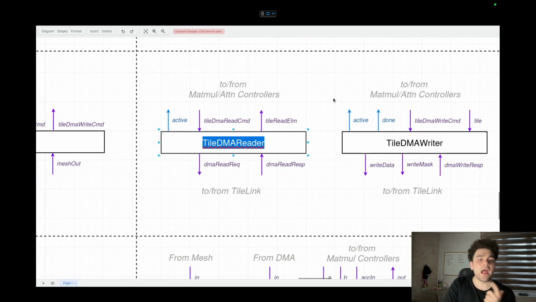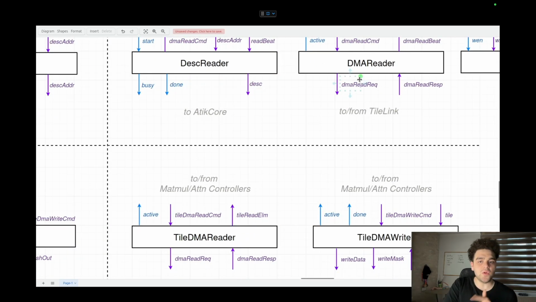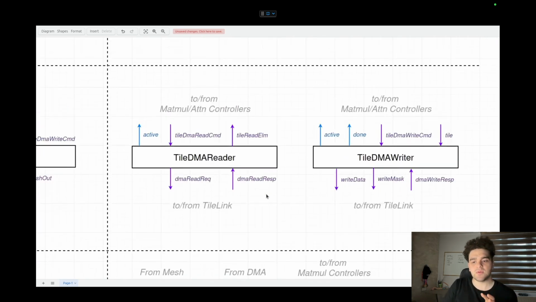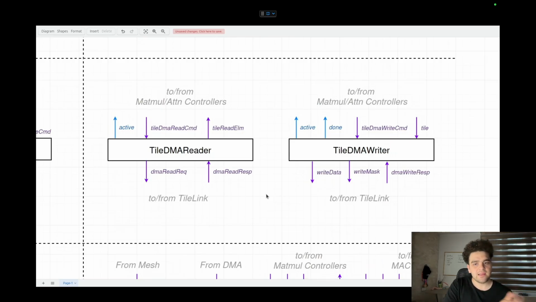The tile DMA reader also accesses the memory through TileLink, like you have seen here. It uses the same protocol, which is DMA read request. However, the tile DMA is responsible for packing all this data into a tile that will be consumed in the attention or Matmul. The same thing for the tile DMA writer.